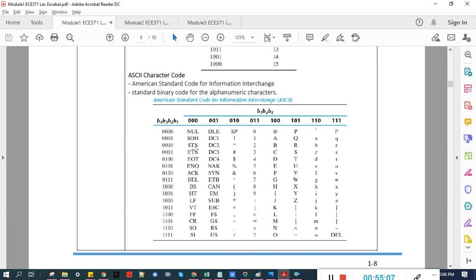They're represented in binary by this ASCII character code. ASCII stands for American Standard Code for Information Interchange. That's how we pronounce that, ASCII. This is the standard binary code for the alphanumeric characters.